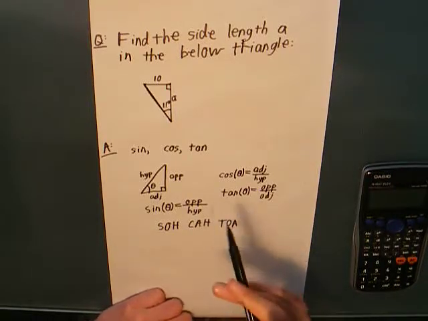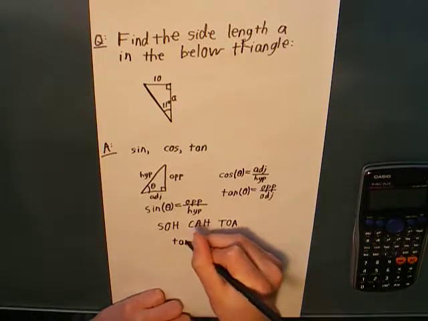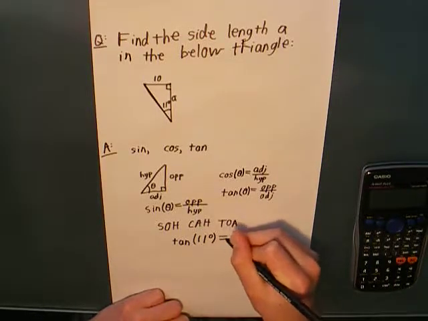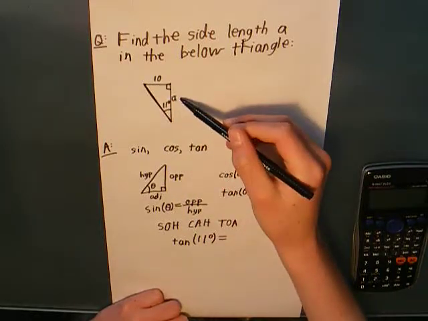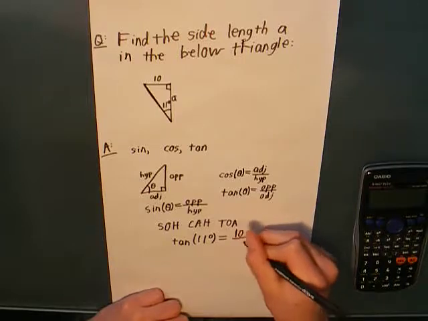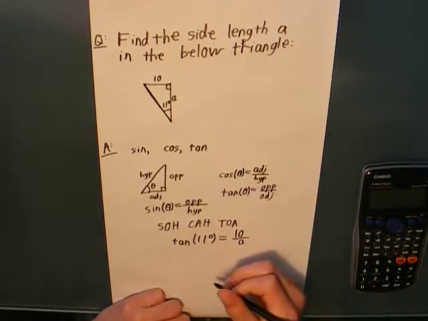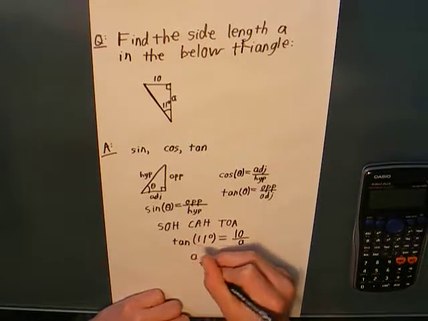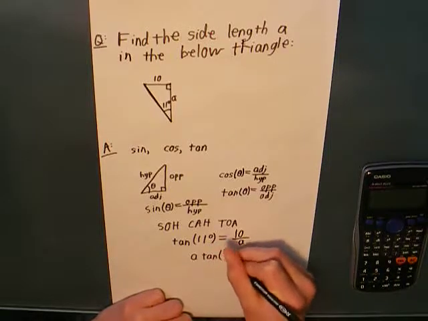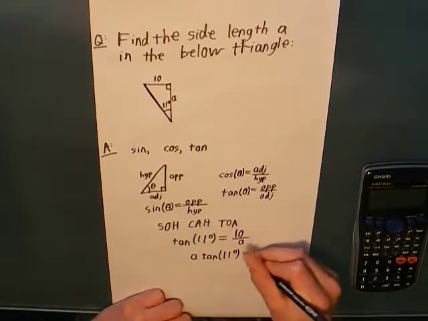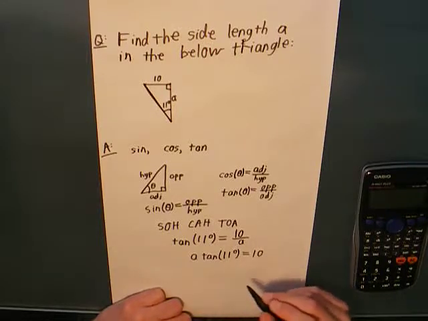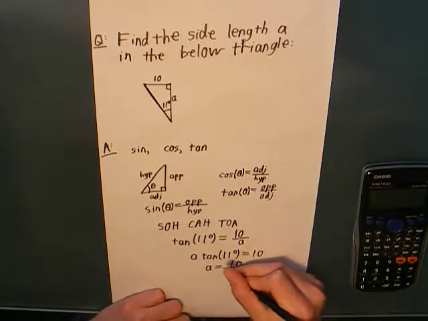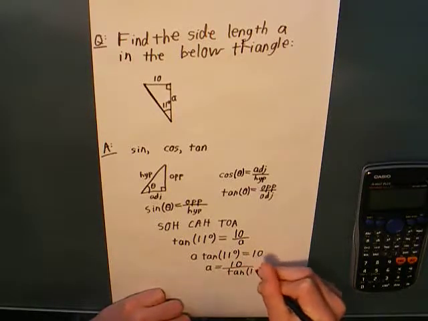So because of these formulas, I know that tan of 11 degrees equals opposite over adjacent, 10 over A. Now, using a bit of algebra, if I multiply both sides by A, I get A tan 11 degrees equals 10, which then gives me that A equals 10 over tan 11.